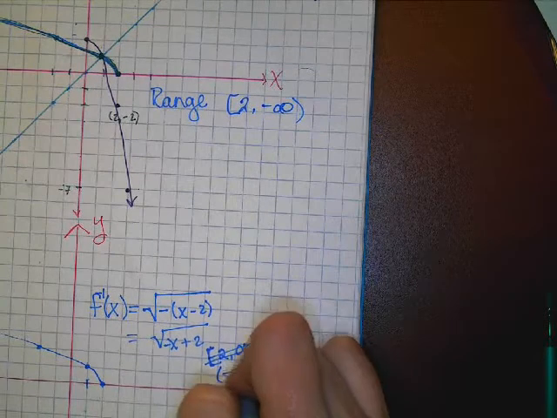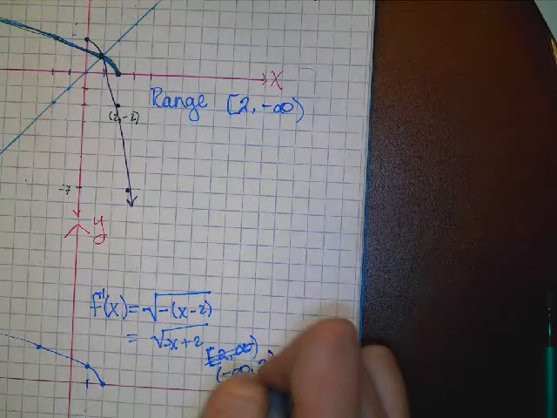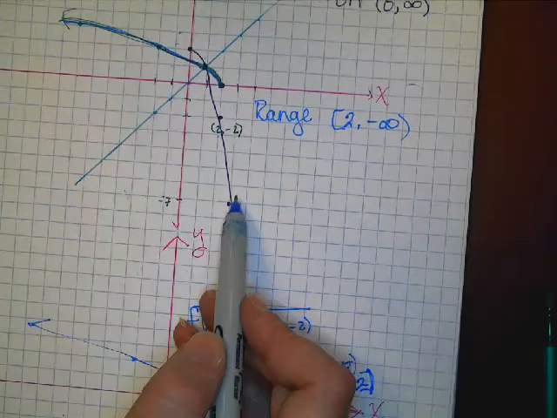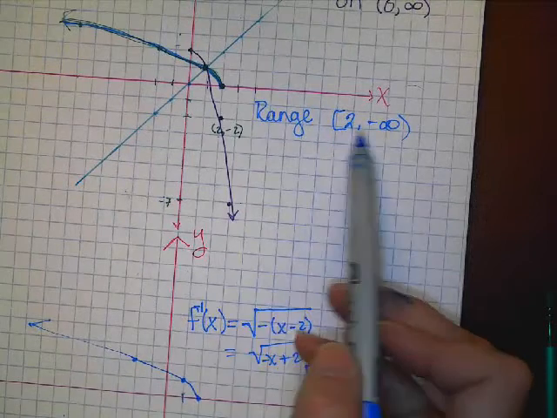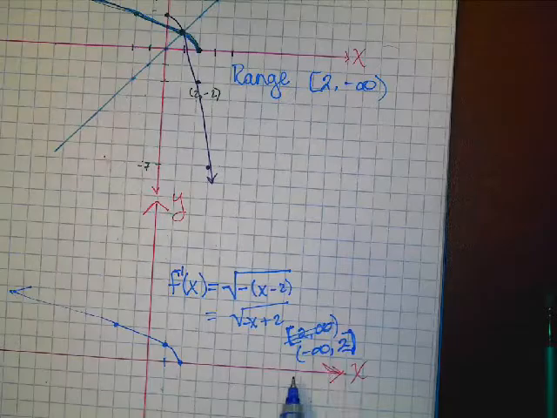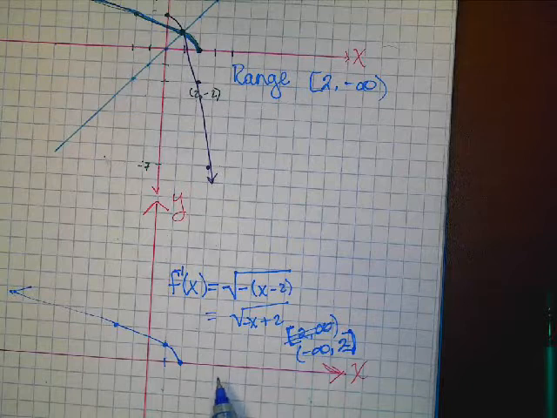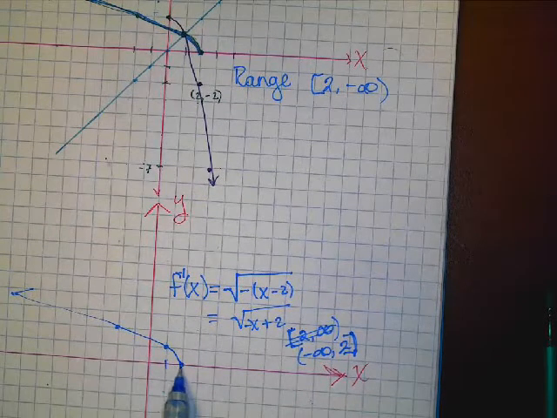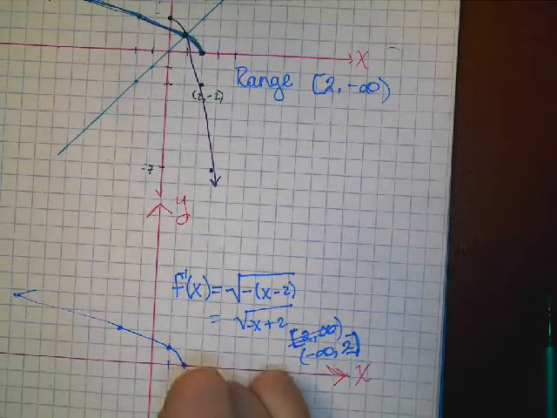Notice that was our range here. Our range for the y value was 2 to -infinity. Sorry, this should be -infinity to 2. Getting my values backwards.